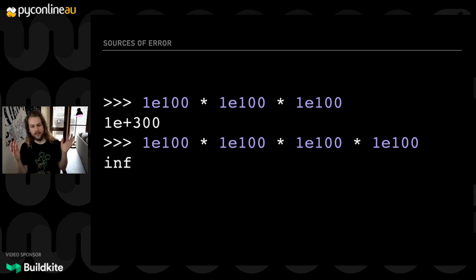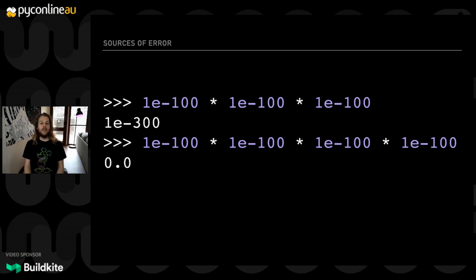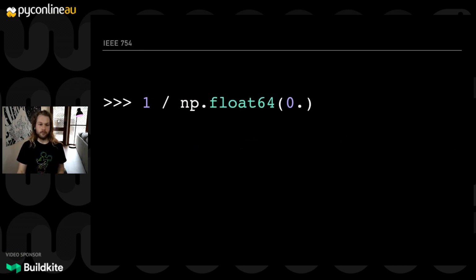It's too big. So the computer just says, look, it's so big, it's practically infinity. And similarly, we can underflow. So if we multiply very small numbers together, what we will find is it will get rounded down to 0.